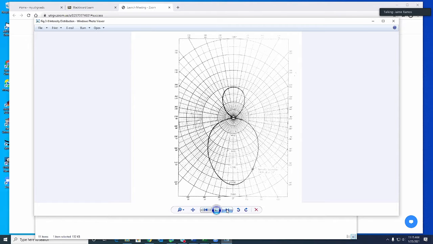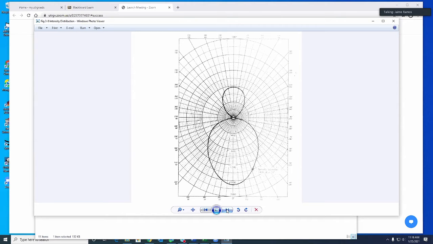For example, this could represent a tube that we use for lighting in the normal luminaires, fluorescent lights, for example. And that polar plot gives us the intensity as a function of angle.